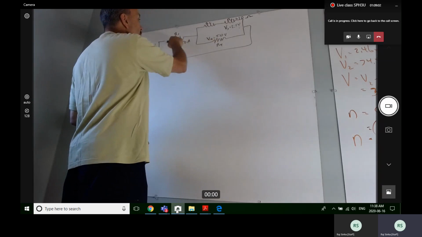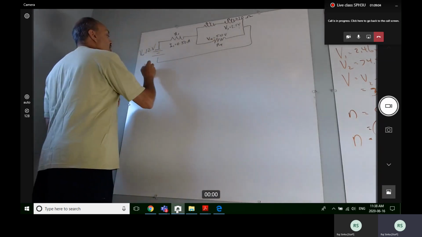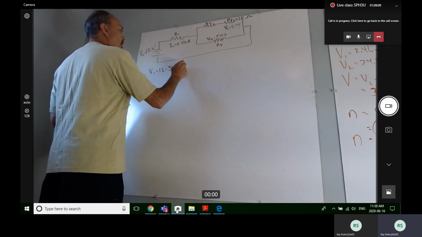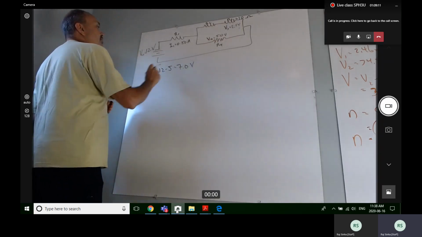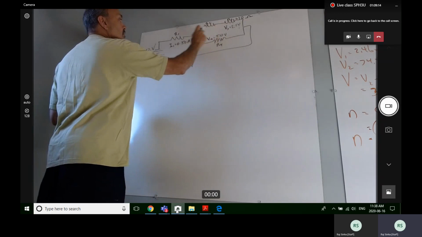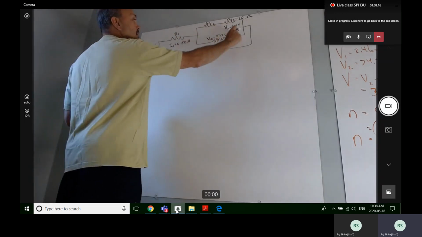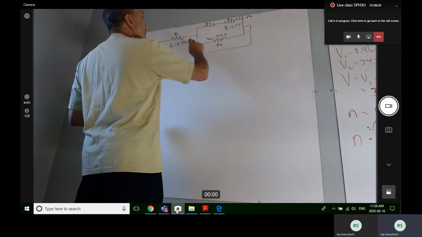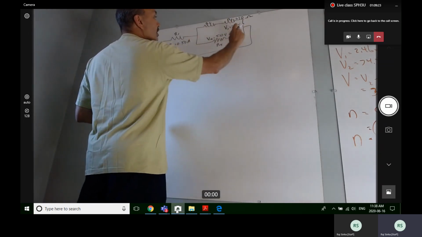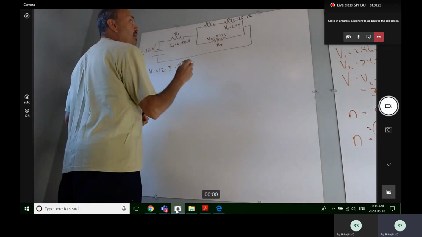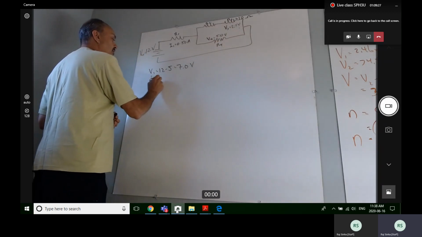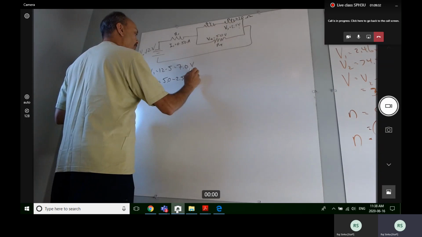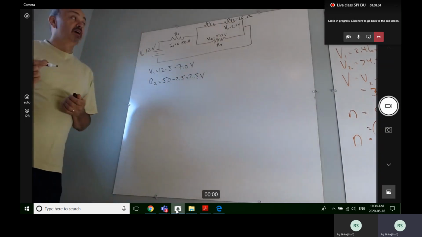Because if they've spent some up here, I know V1 right off the top. Right? If I have started with 12 and I used 5 here, I had to have used 7 here before I can move through. I also know that if I had 5 going through here and I used 2.5 at R3, I know that R2 is also 2.5 volts.